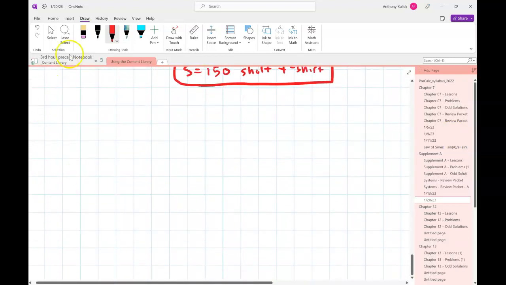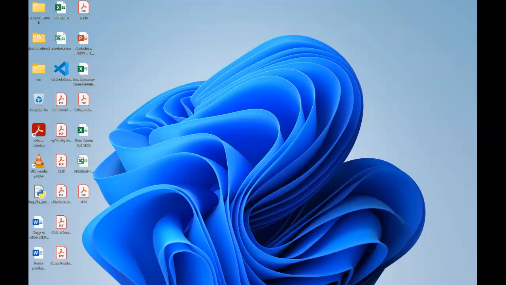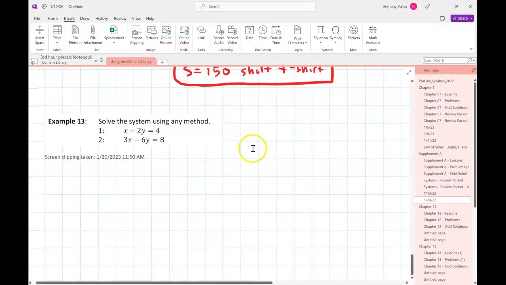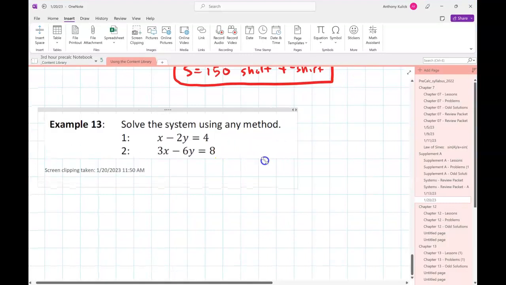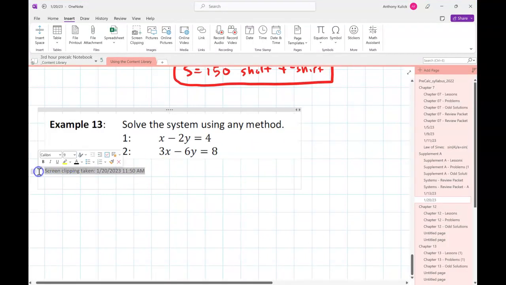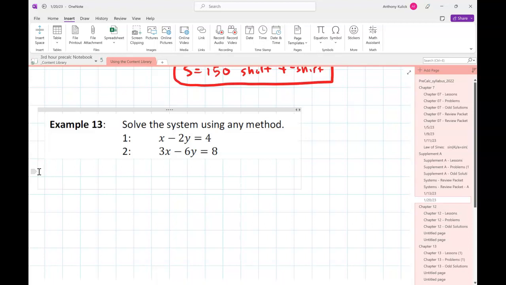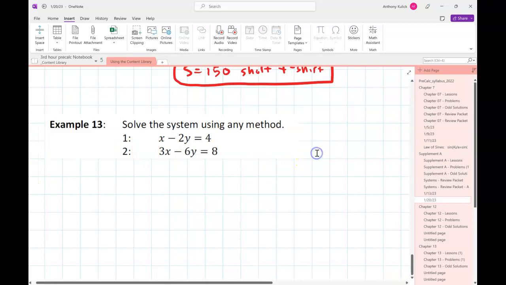All right, couple more examples here. Okay.